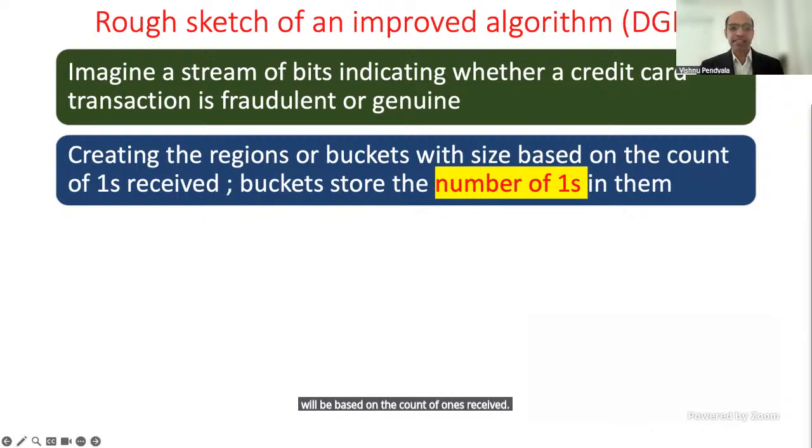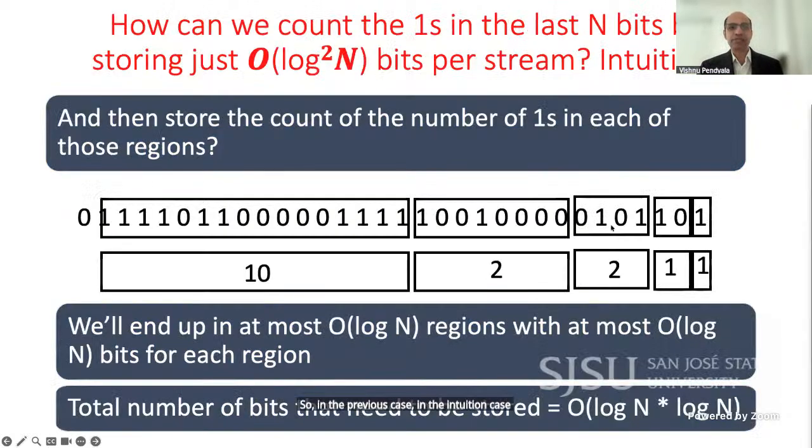In the previous case, in the intuition case, what we did was we just counted the number of bits irrespective of whether the bit is a 1 or a 0, right? So here we counted 4 bits, and here we counted 8 bits and so on and so forth.